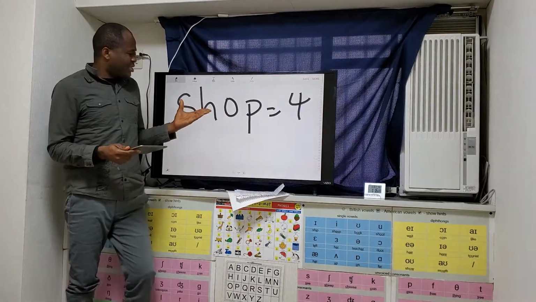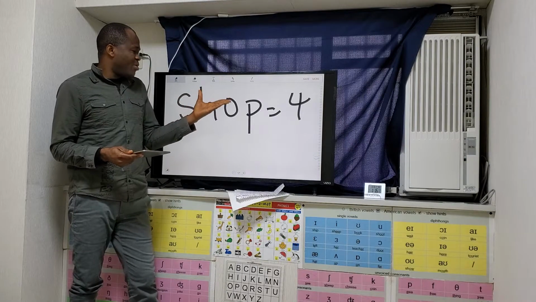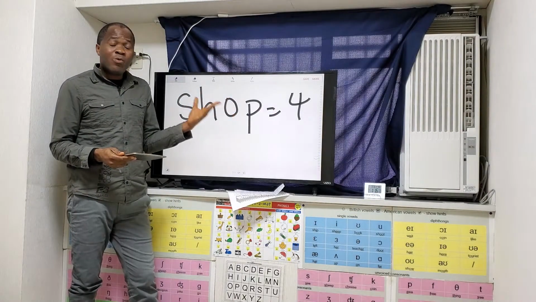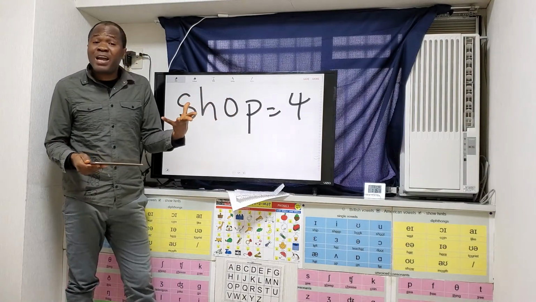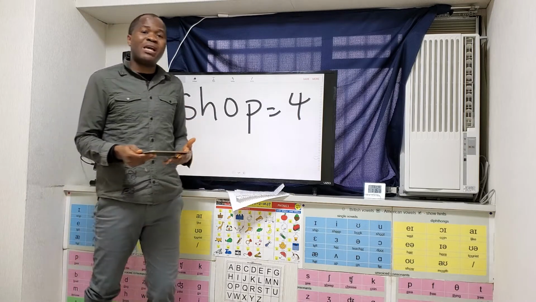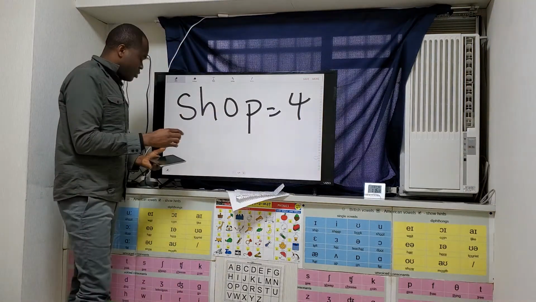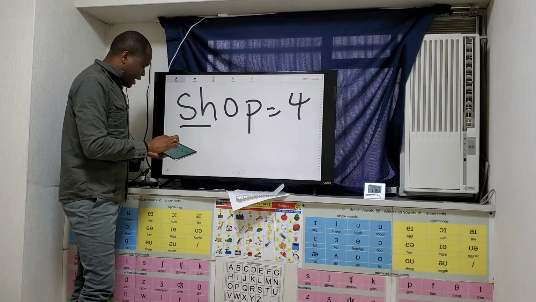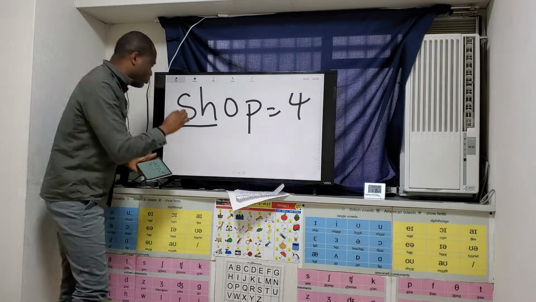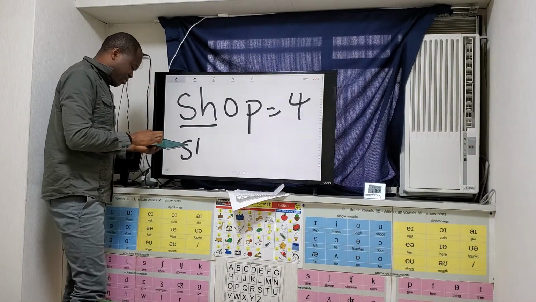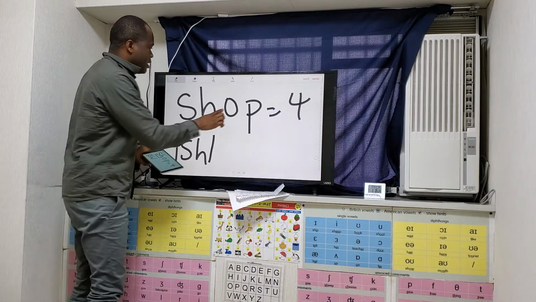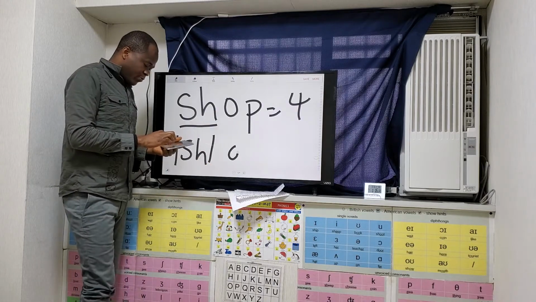Graphemes are not just the letters that are represented in the spelling, but we said earlier that to identify the grapheme, we need to break up the sound. So let's break up the sound. In breaking up, this SH is going to form one sound. So I'm going to write it here. One sound. And the O will also be one sound.